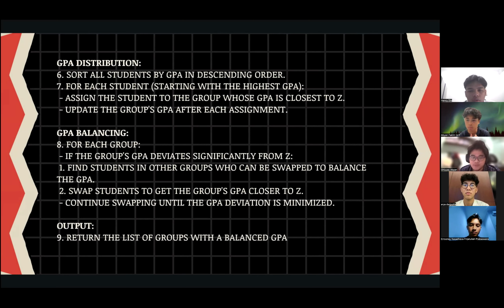For each group, if the group's GPA deviates significantly from Z, we need to find students in other groups who can be swapped to balance the GPA and swap students to get the group's GPA closer to Z. Continue this process until the GPA deviation is minimized. For output, we will get a list of groups with students with a balanced GPA average.